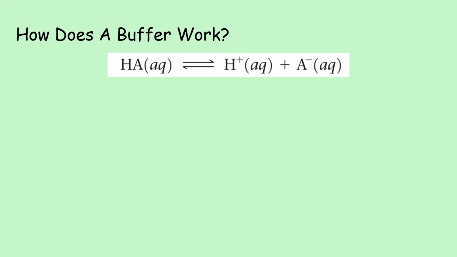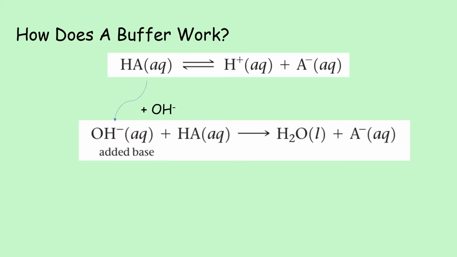Okay, now going back to the buffer system, if hydroxide ions are added to this buffered solution, they react with the buffer acid component to produce water and the conjugate base A minus. This neutralization reaction causes the concentration of the weak acid to decrease and in turn causes the concentration of the conjugate base to increase.